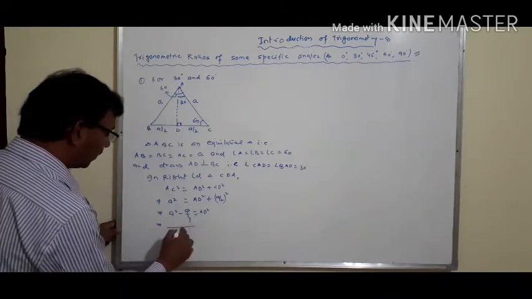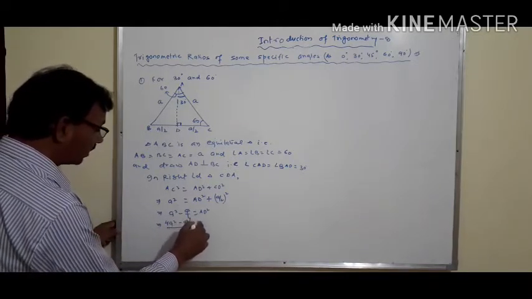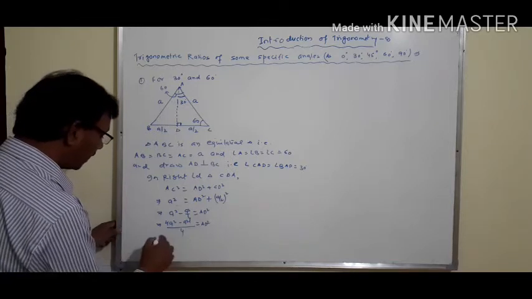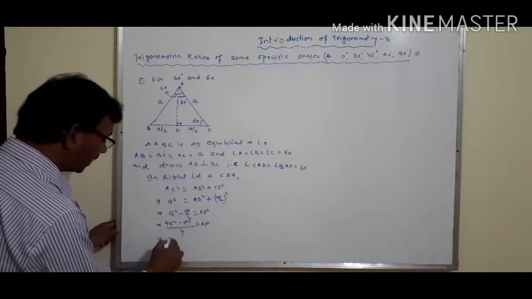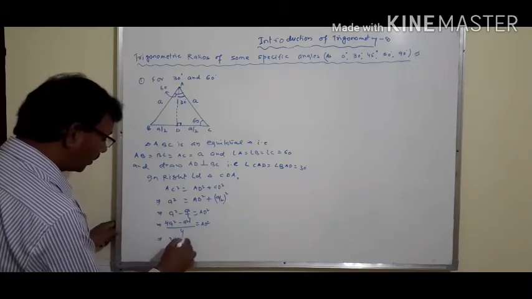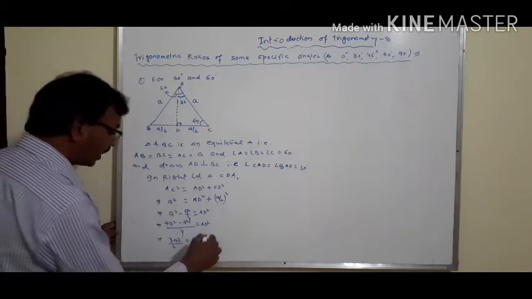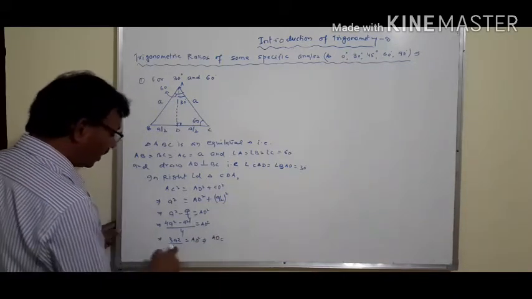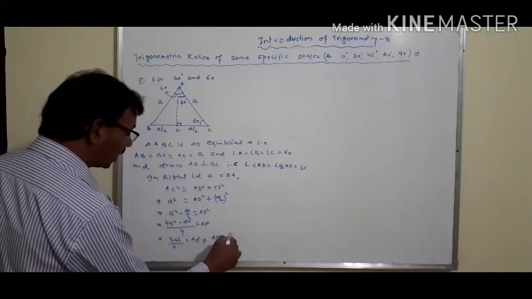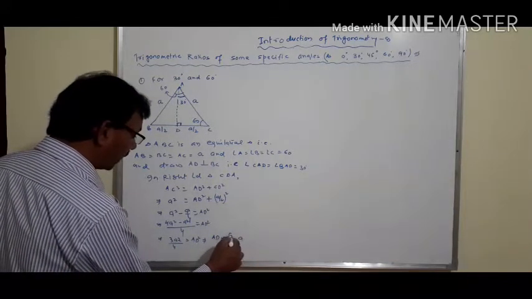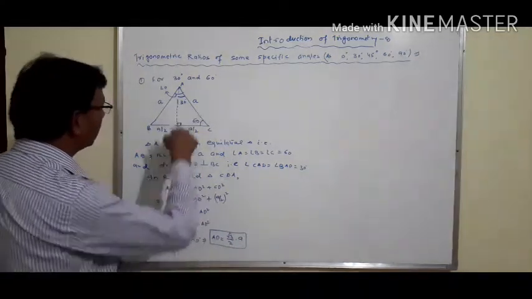Now taking the LCM 4, this will be 4a square minus a square, that means 3a square upon 4 equal to AD square. Taking square root on both sides, AD equal to root 3 upon 2 into a. This is the length of AD.